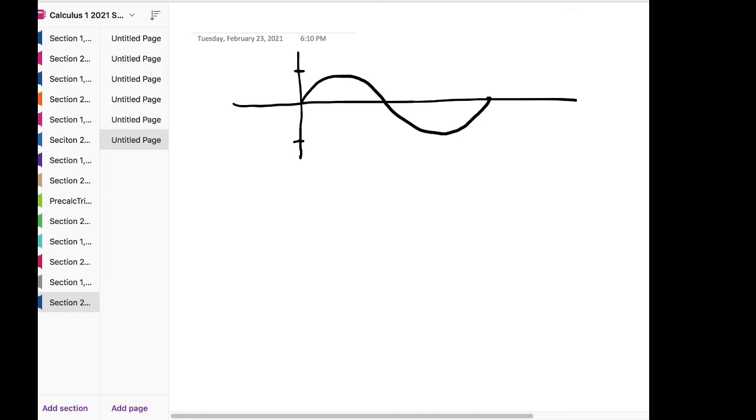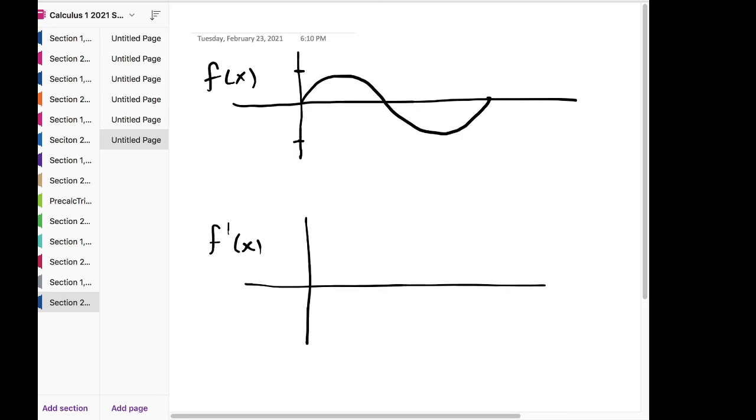Okay. Here's f of x. Let's think about f prime of x. Okay. What is the derivative here? It's positive, right?